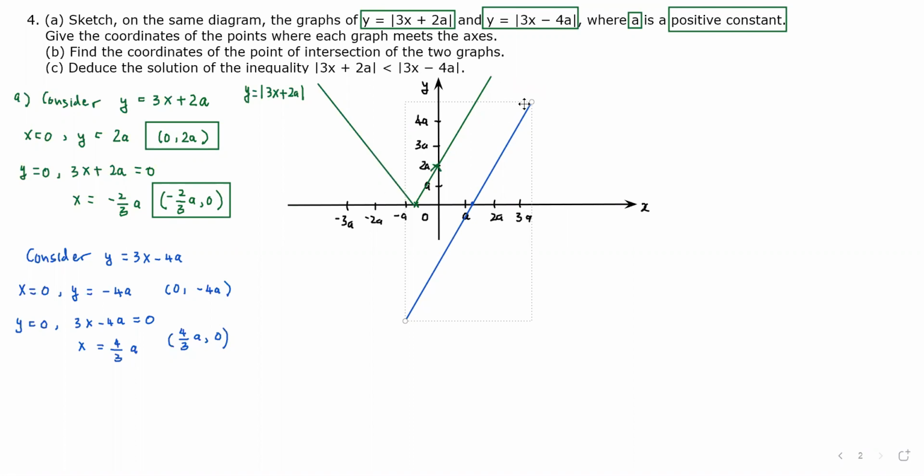So these two lines must be parallel, and it should intersect the y-axis at negative 4a, but we want to reflect it upon the x-axis. So we are going to shorten this, and then the graph will intersect 4a here.